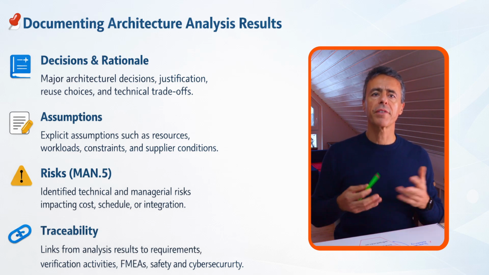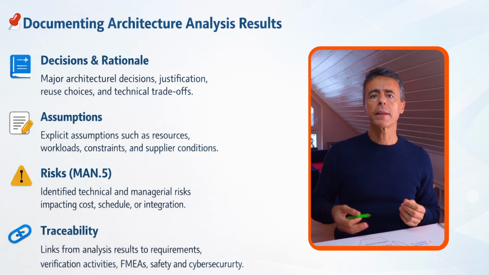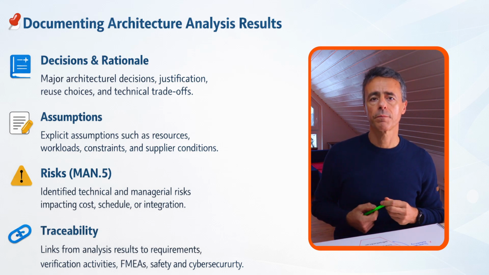They can also feed verification activities, for example by defining system behaviors that need to be tested on the real hardware. In conclusion, properly documenting architecture analysis results ensures that decisions, assumptions and risks are visible, traceable and actionable. This supports project planning, risk management, implementation and verification.